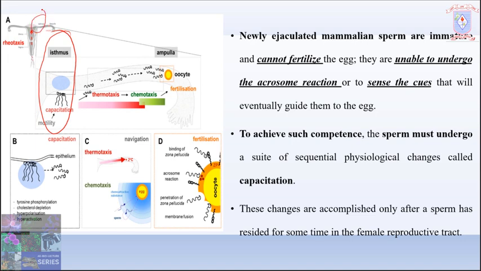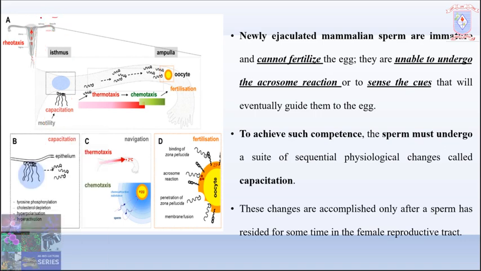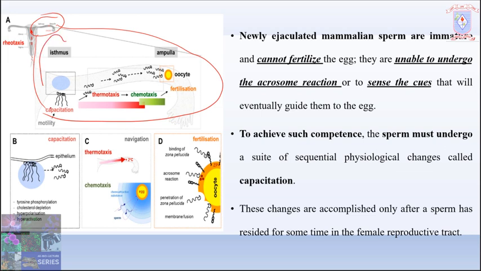We are zooming into this area of the female reproductive tract. Okay, in this area. So the capacitation takes place inside the isthmus. Newly ejaculated mammalian sperms are immature and cannot fertilize the egg.